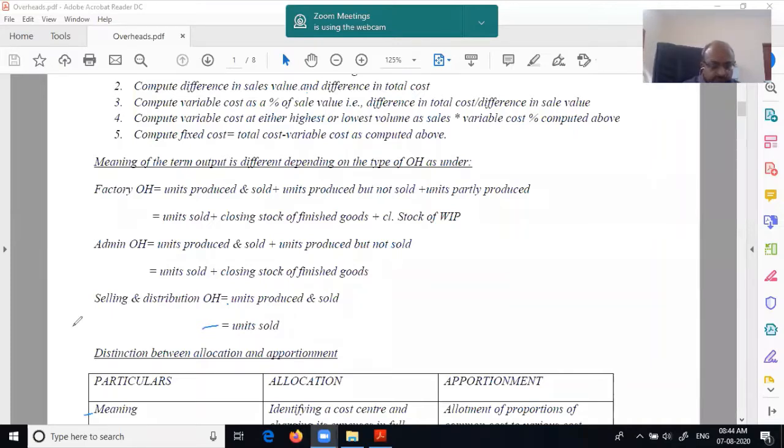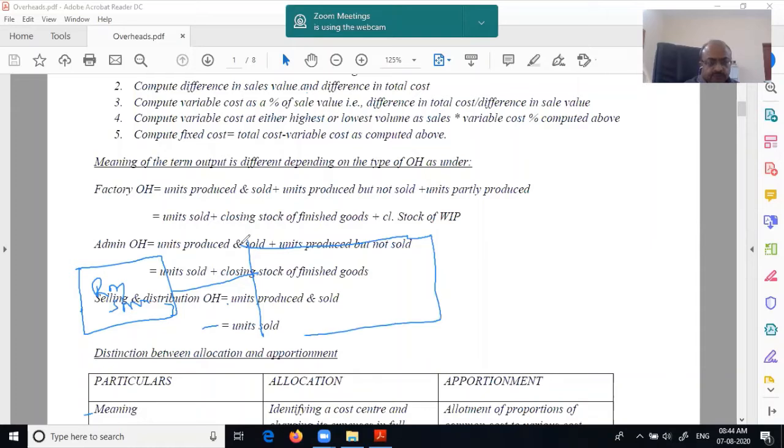So as I was telling you, this is a raw material store. From here, the goods are going to the WIP area, the production area, basically the production floor. It is being produced here. Factory overhead is being added.